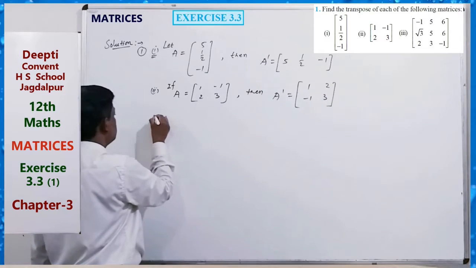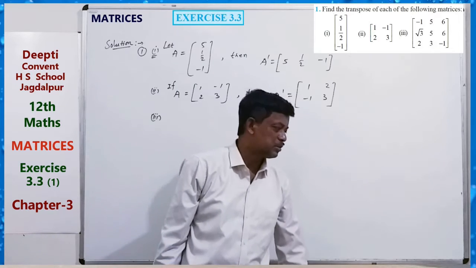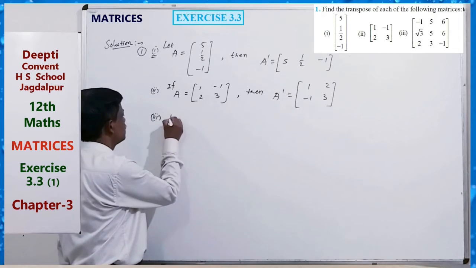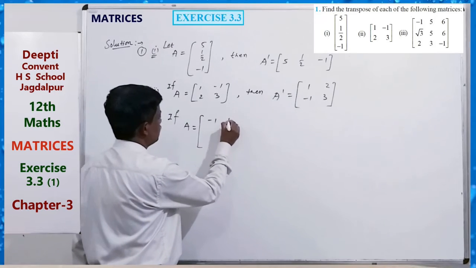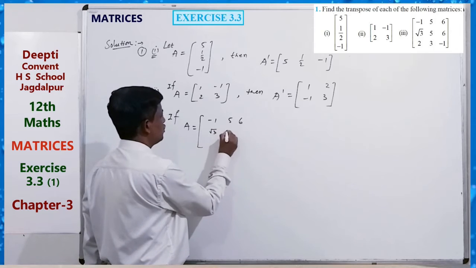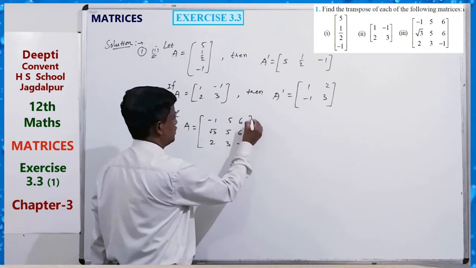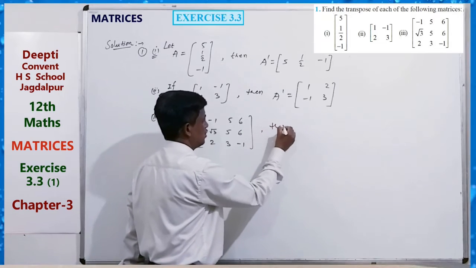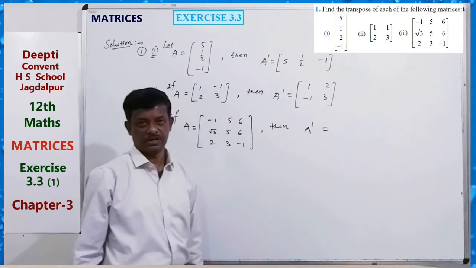Third matrix. The third matrix is given: minus 1, 5, 6, and root 3, 5, 6, and 2, 3, minus 1. Then transpose, A dash, will be what?